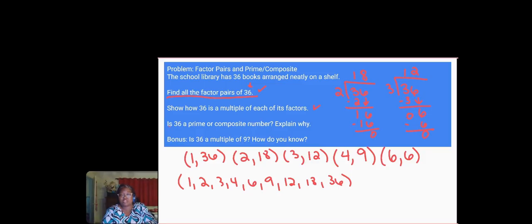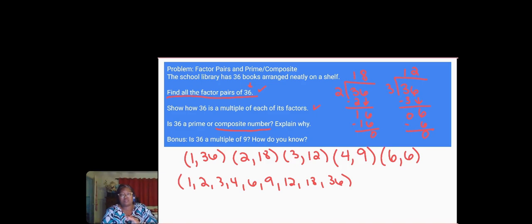The next question: is 36 a prime or a composite number? Explain why. Well, what is a prime number? A prime number is a number that only has two factors, one and itself. This is clearly not a prime number because it has well over two factors. So this will indeed be a composite number. And we know this because a composite number is going to have three or more factors.